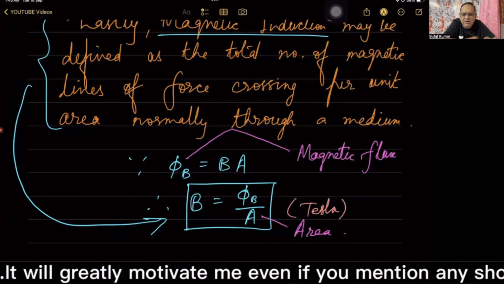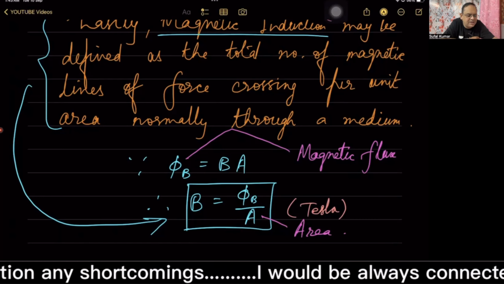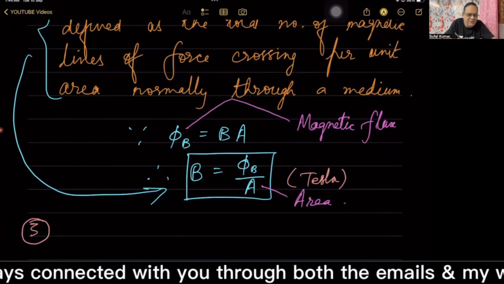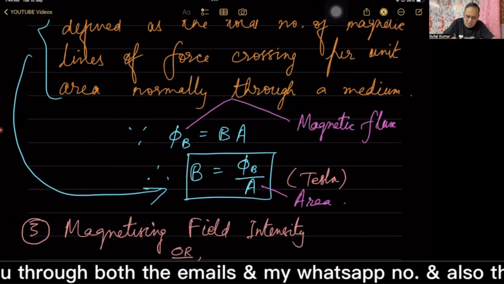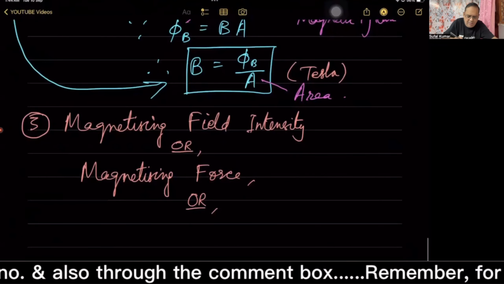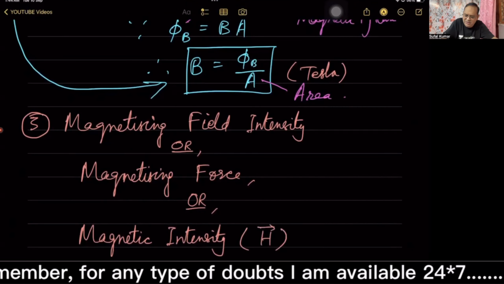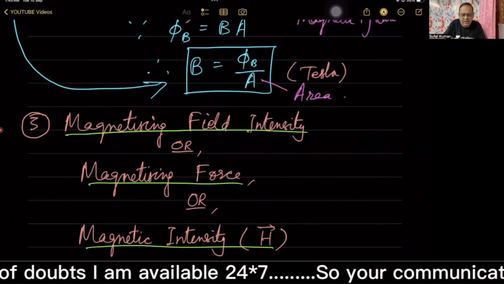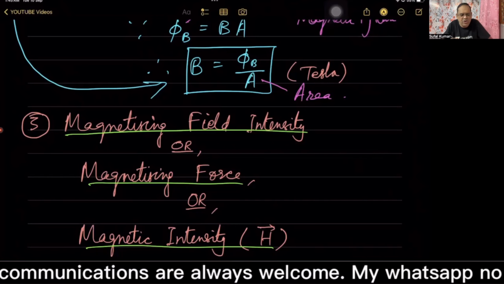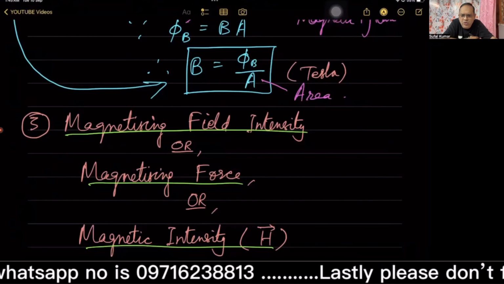So these were very general, but now something very special has come. Number 3, magnetizing field intensity, or magnetizing force, or magnetic intensity, and this is the H vector. This particular term is defined on the basis of a solenoid or toroid. A toroid is a solenoid wound over a ring.